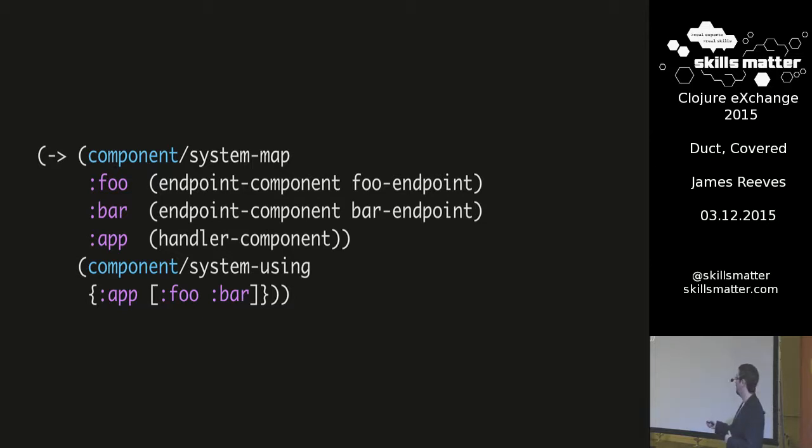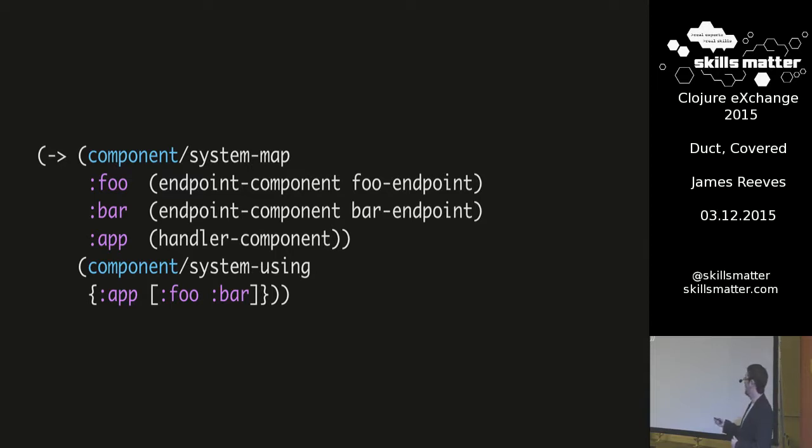So here we're saying the app component has got a dependency on foo and bar. So Duct will make sure that these things are started before starting the handler. This handler component can't start, it can't do anything, before these endpoint components work.